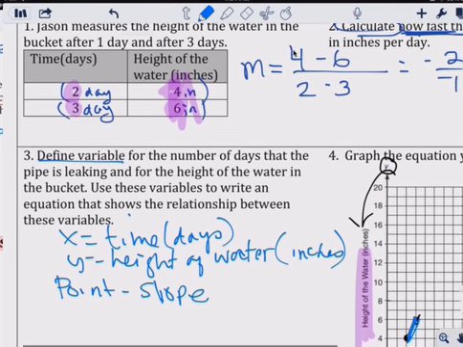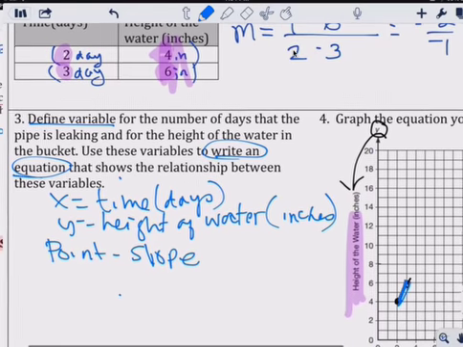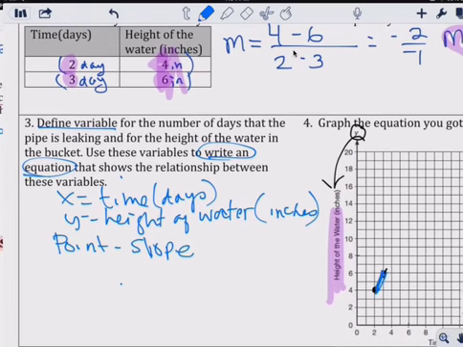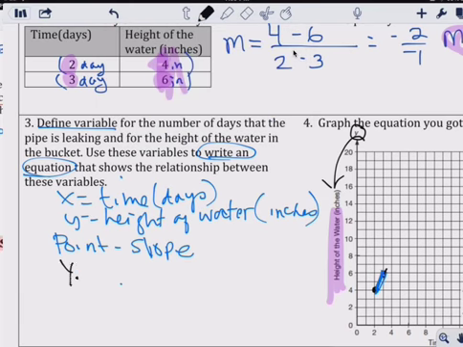Okay, and then it says the number of days the pipe is leaking and the height of the water in the bucket. Use these variables to write an equation that shows the relationship between, so we need to write an equation because there's no b. We need to do point slope. We need to use y minus y1 equals m parentheses x minus x1.